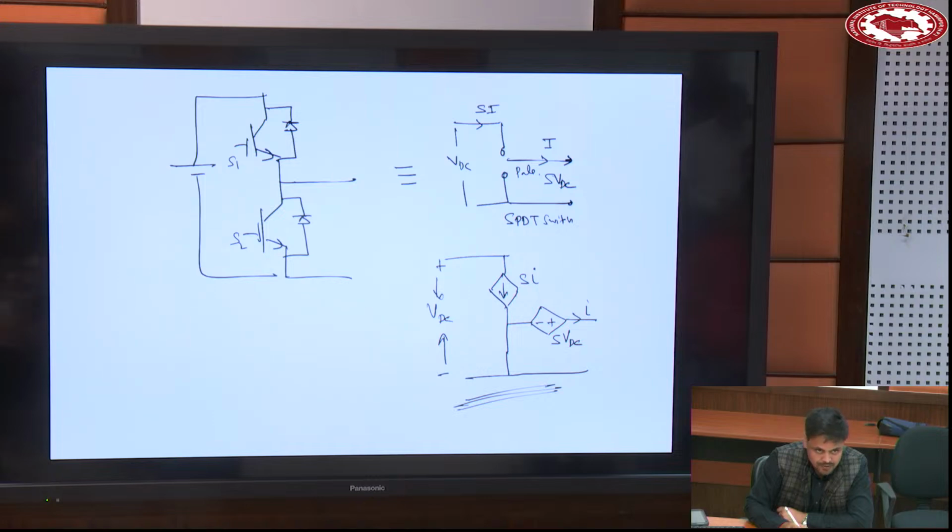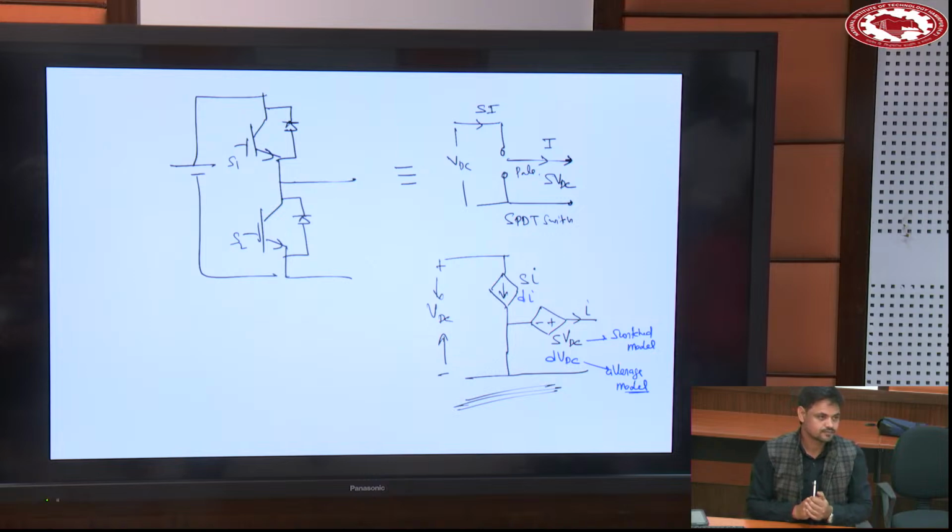If you are using the average value of S, which is D, so this is the switched model and this is the average model. For a 3-phase inverter, what will be the structures?